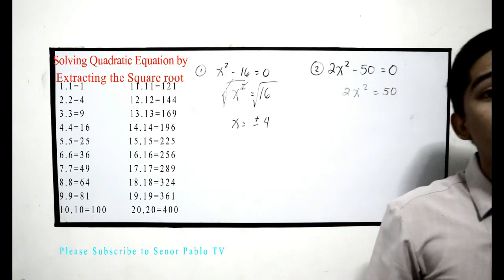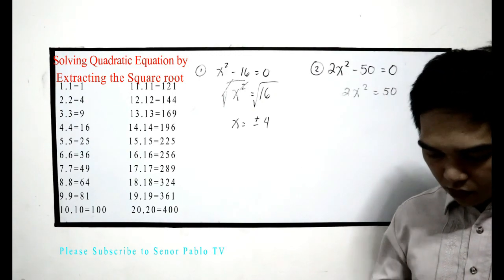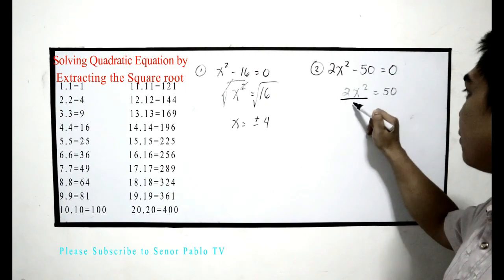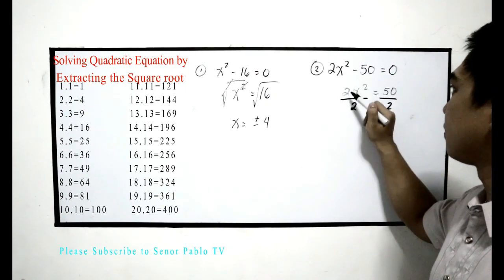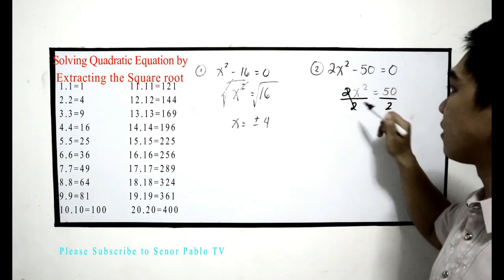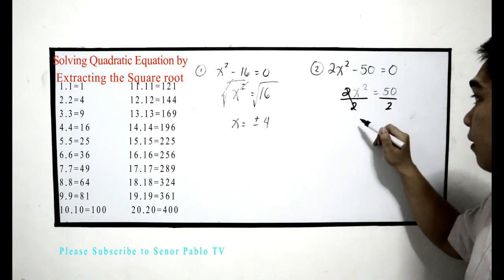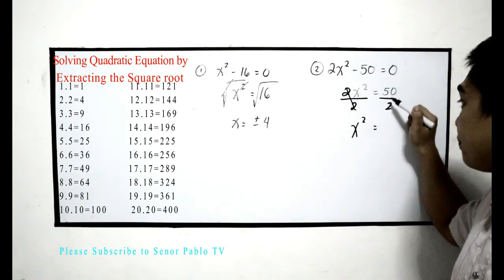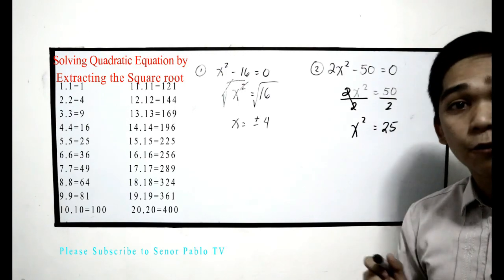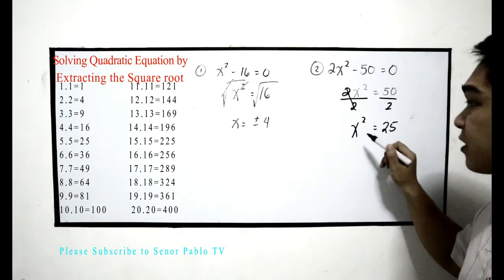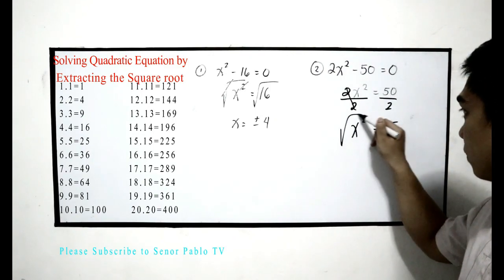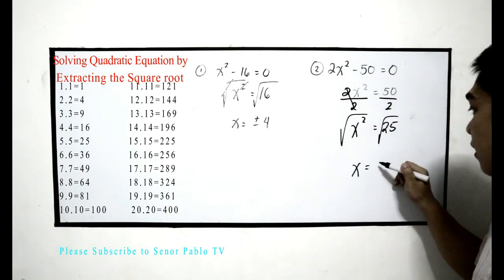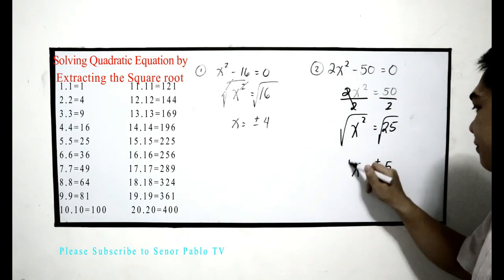We need to remove the coefficient 2, so we need to divide by 2. This will be cancelled out because 2 divided by 2 is 1. Therefore, we have x squared is equal to 50 divided by 2, that is 25. Extract the square root. So x is equal to square root of 25, which is positive negative 5.